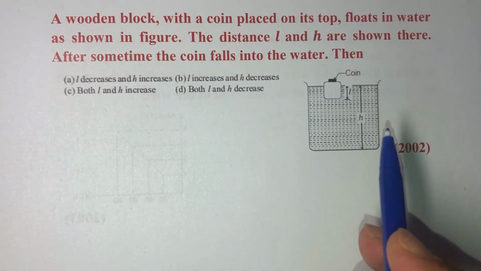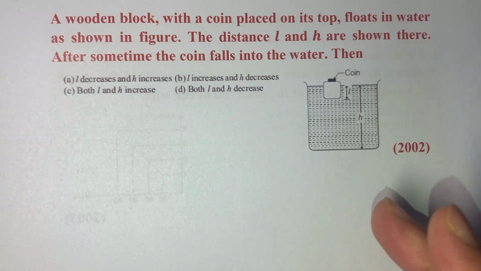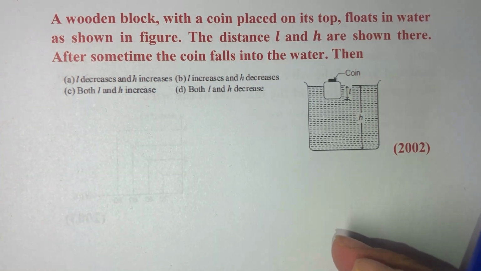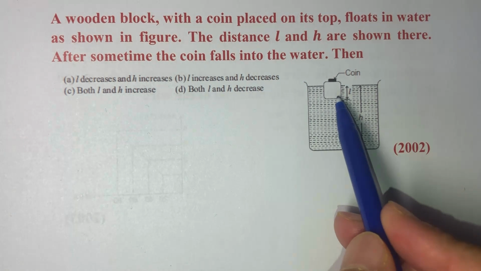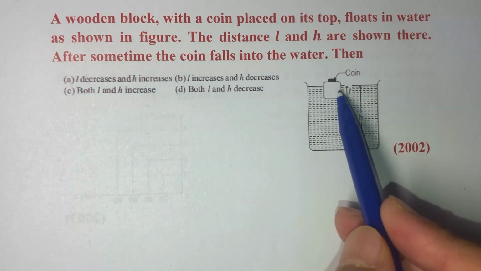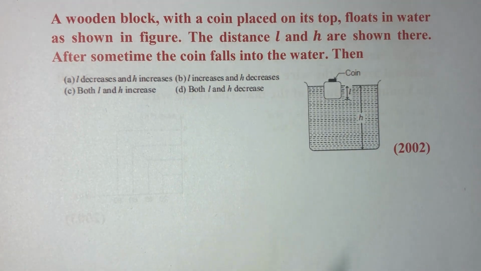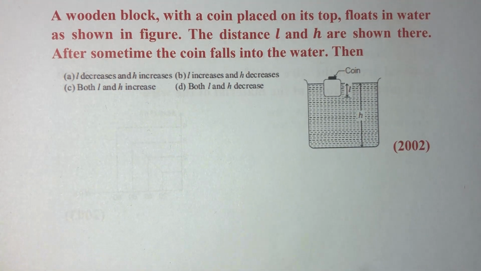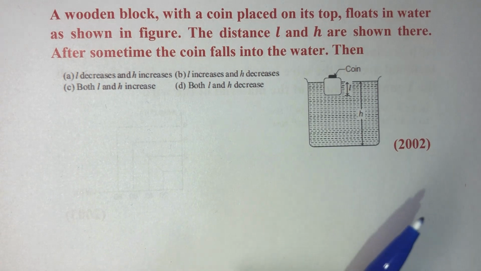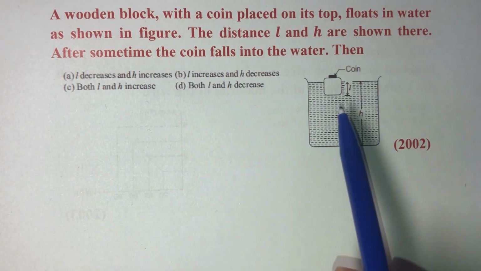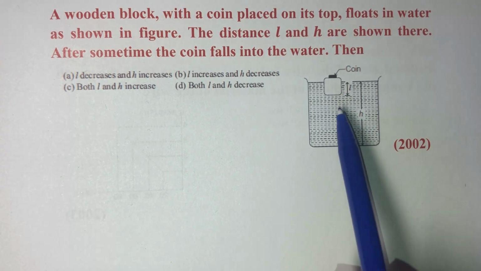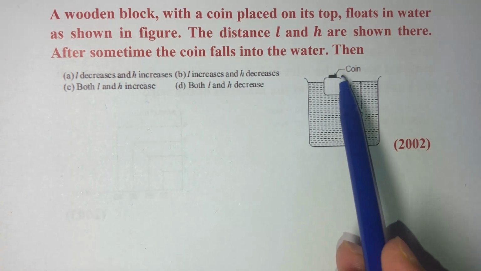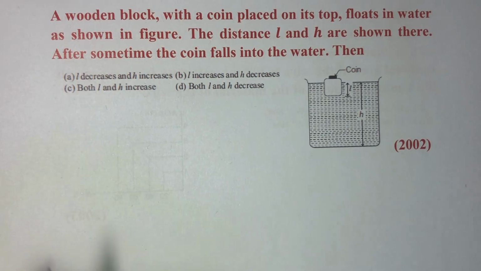Let us find out for the first case what is going to happen to the wooden block when the coin falls from it. We are going to discuss this in two parts. First will be the initial condition, which means the coin is over the block, and the second will be the final condition when the coin falls off the block.